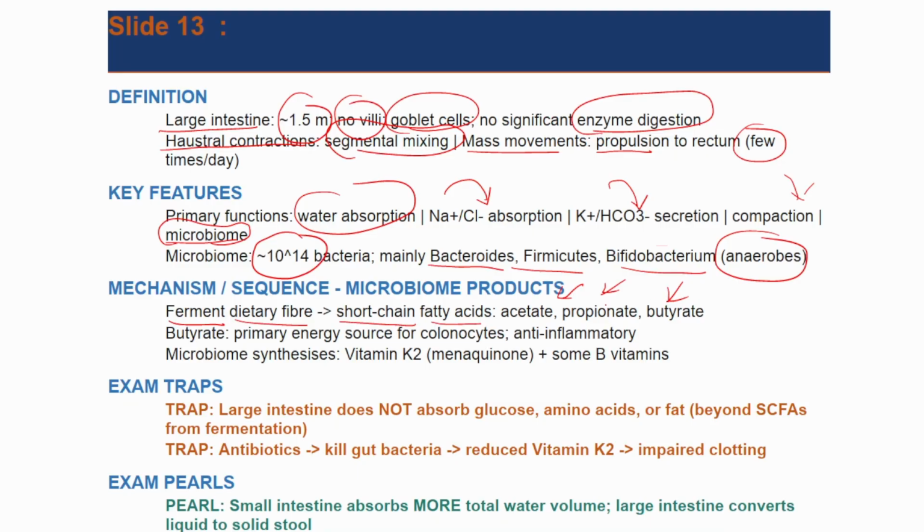One specific product of this fermentation serves as the primary energy source for colonocytes and the intestinal lining while acting as an anti-inflammatory agent, and that one is butyrate. This metabolic machinery of the gut bacteria also synthesizes critical vitamin K2 or menaquinone to support healthy blood clotting factor synthesis alongside some vitamin B types.